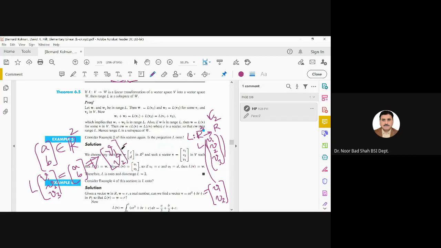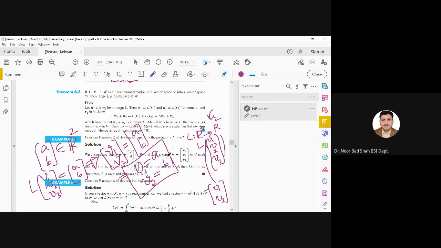So that is equal to AB, which means V1 is equal to A and V2 is equal to B. Now, if the system has a solution for V1, V2, which obviously it does, then we found the values of V1 and V2, and we say it is onto.